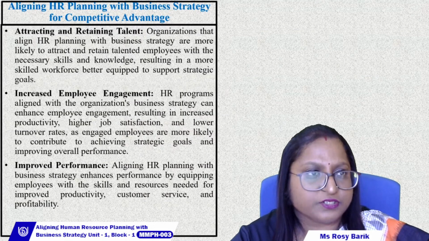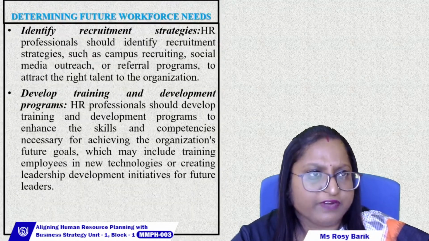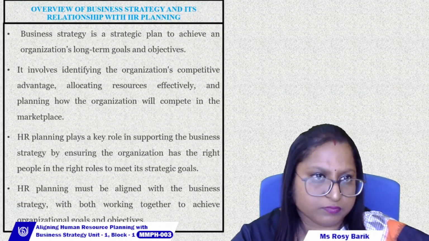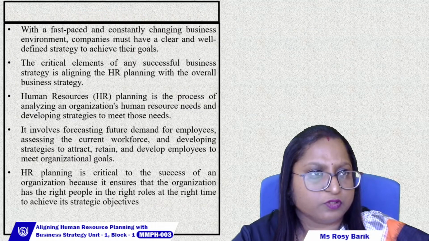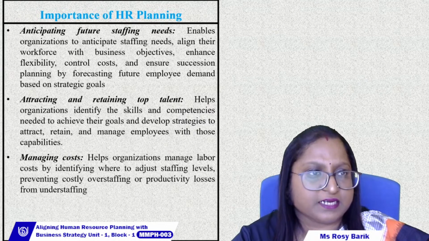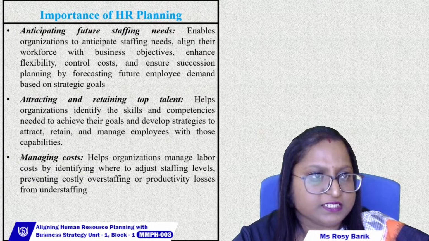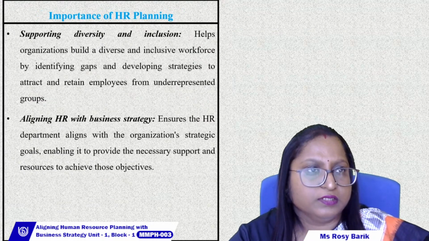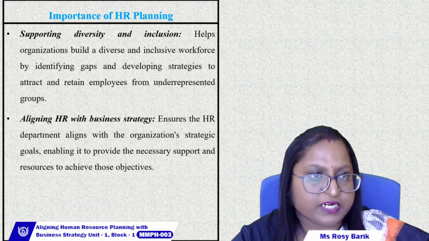We have discussed many things. First, the overview of HR planning, what it is. Then the importance of HR planning: anticipating future staffing needs, attracting and retaining top talent, managing costs, supporting diversity and inclusion, and aligning HR with business strategy.